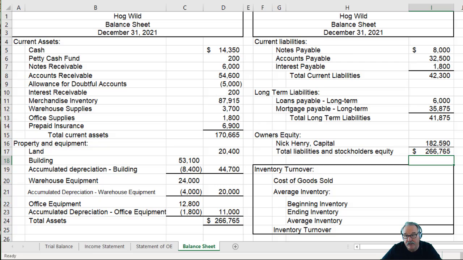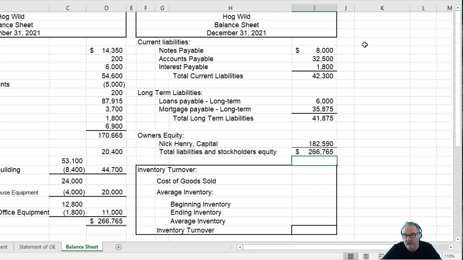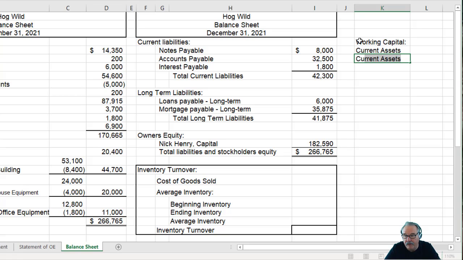Now, a couple of things that I wanted to point out that we can use for analyzing this information. The first thing is working capital and the current ratio. So working capital is current assets minus current liabilities.